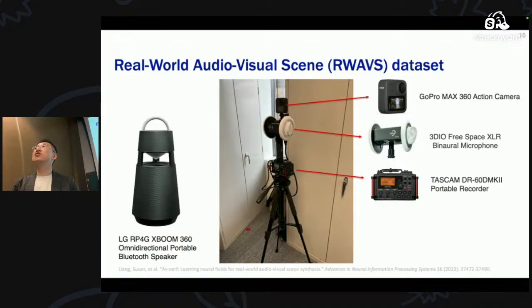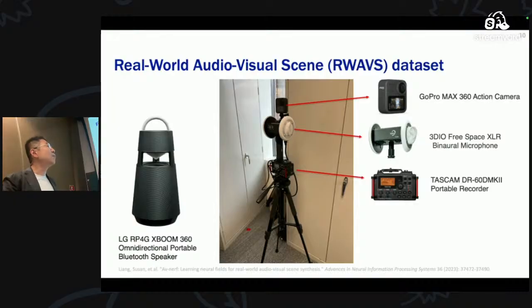The students use this device, which is a GoPro camera with a 360-degree lens, and this binaural microphone, which has a human ear L shape, right? So this is really accurate in terms of how humans perceive the sound by modeling the L shape.